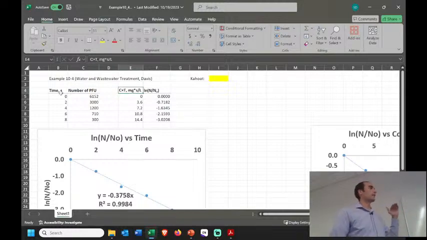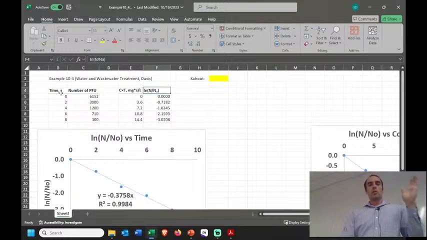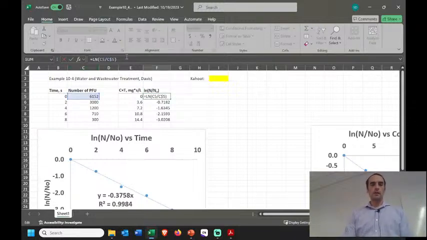You could plot the x-axis instead of time as the concentration times time. It's not necessary. We can account for it before or after. Then I took the natural log of the N over N naught. So if we look at the equation, the first one is just that 6,152 divided by itself, which is going to be 1, right?